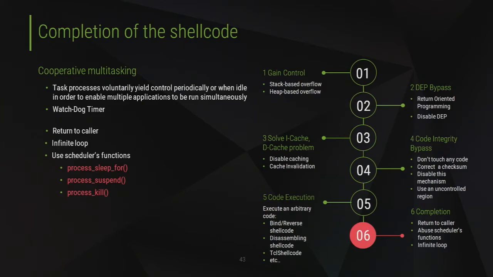In Cisco iOS, the interrupt from the timer runs code that terminates the process that has been running for too long. This makes you take care of your shellcode to work as fast as possible or give CPU time sometimes to other processes.